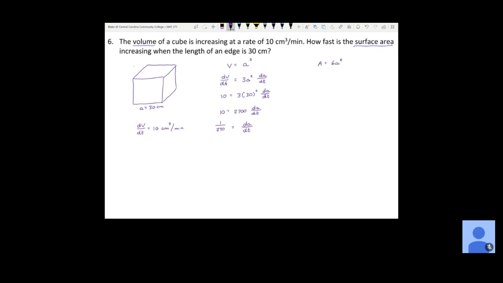Now, we want to know how fast is that surface area increasing. So what are we going to do with that surface area formula now?